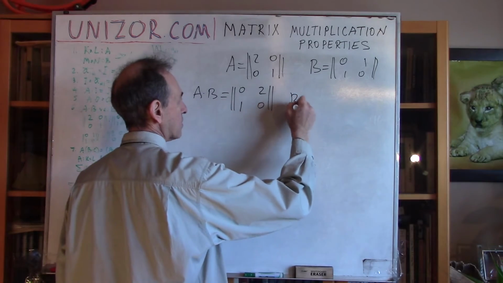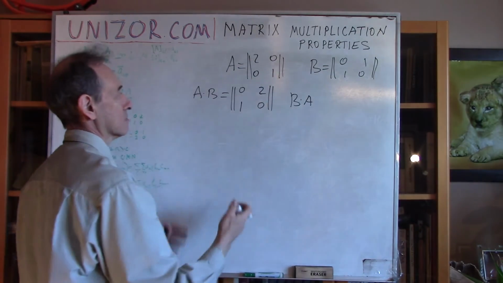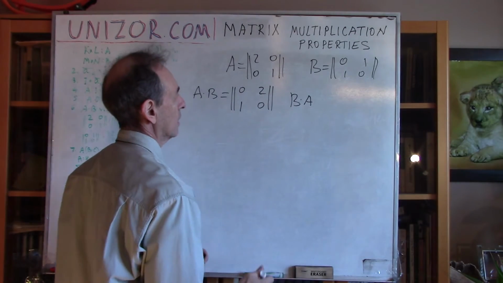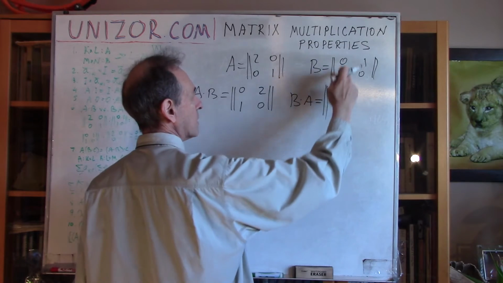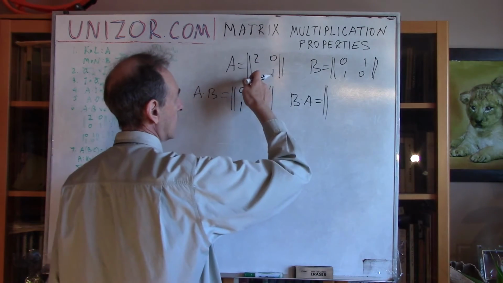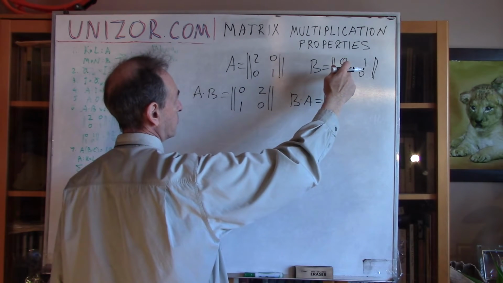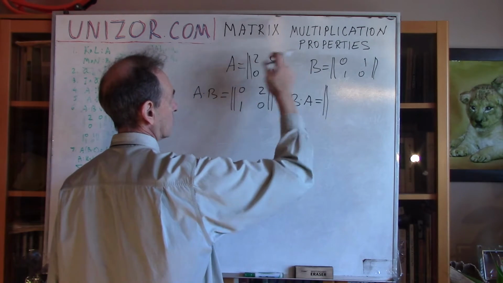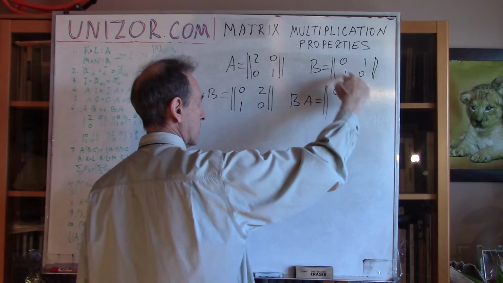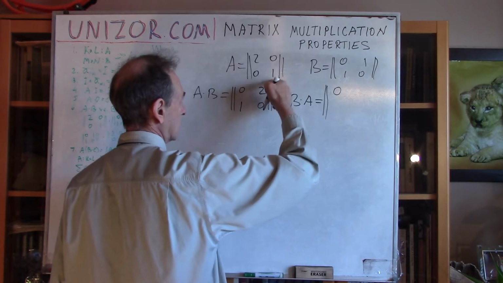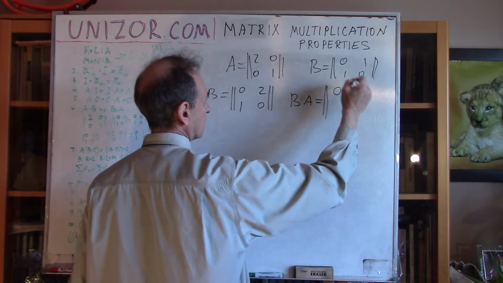Great. B times A. So it's this times this. Let's just change the order. Element 1, 1 means first row times first column, which is 0 times 2 plus 1 times 0. It's 0. Element 1, 2, first row, second column: 0 times 0 plus 1 times 1 is 1.